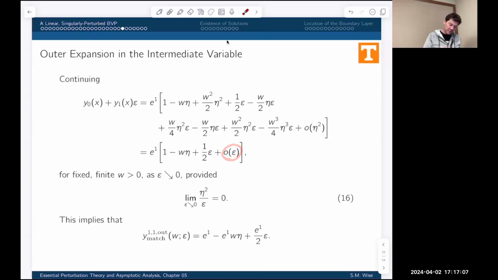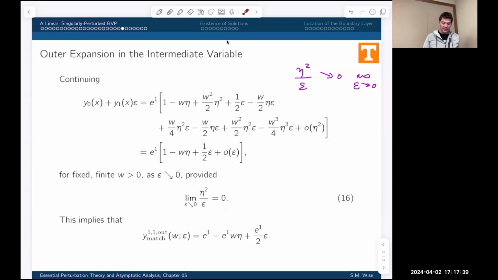So what I want is eta squared over epsilon to go to 0 as epsilon goes to 0, because I don't want this term to be there. You're going to see why in a moment. If this term was there, I would be in a little bit of trouble with respect to matching. So that's the condition I want for this guy to be an o of epsilon or higher order term.